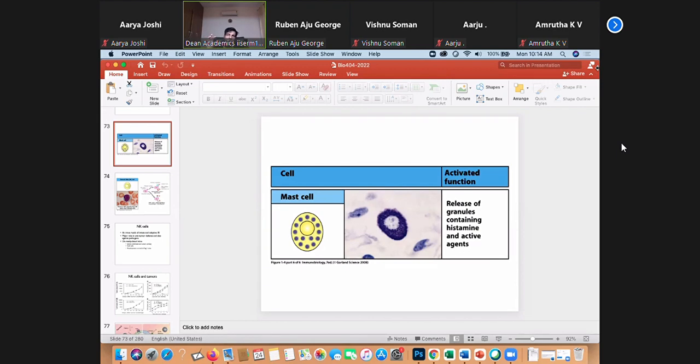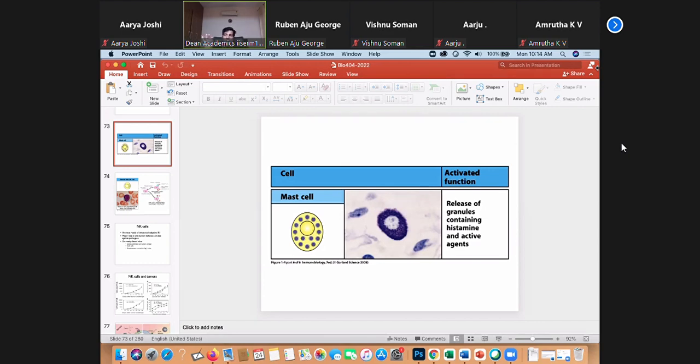These receptors are for antibody molecules, particularly the IgE type of antibody. I know we have not yet talked about different isotypes of antibodies. There are 5 of those, and IgE is one class of antibodies which are predominantly involved in allergic reactions.